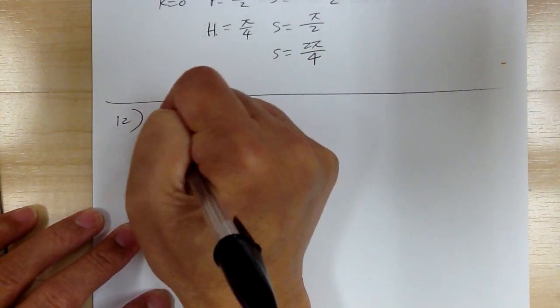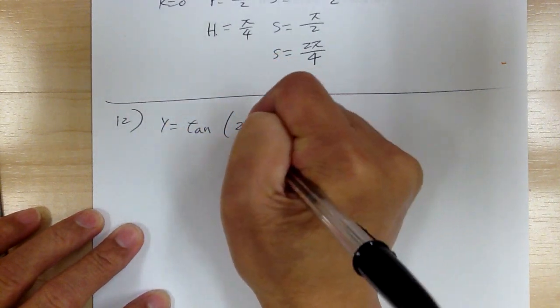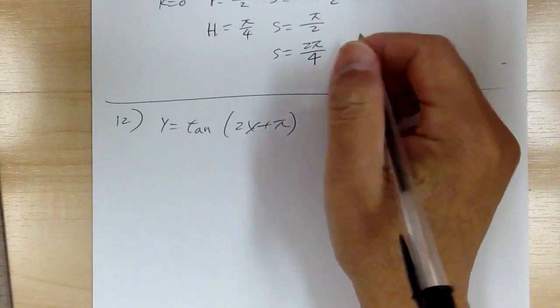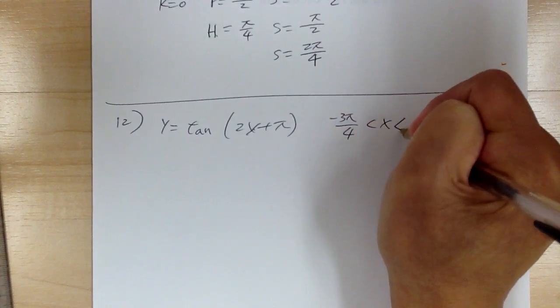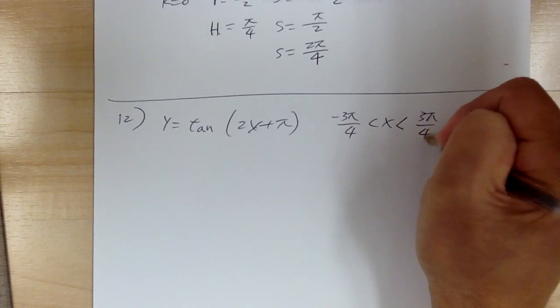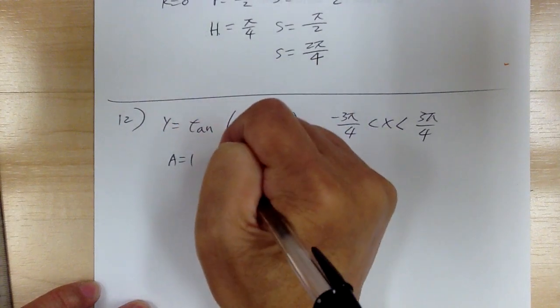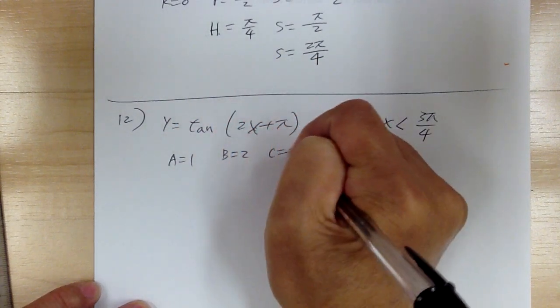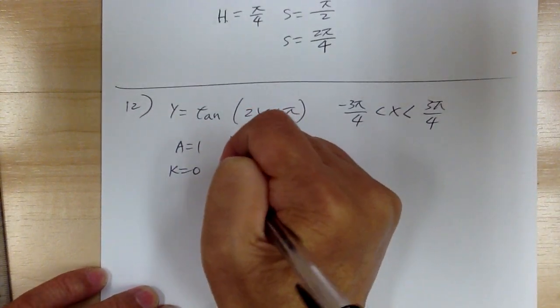Number 12, you have y equal to tangent of 2x plus pi, and you want to go from negative 3 pi over 4 to 3 pi over 4. So a equal to 1, b equal to 2, c equal to pi, k equal to 0, and period.